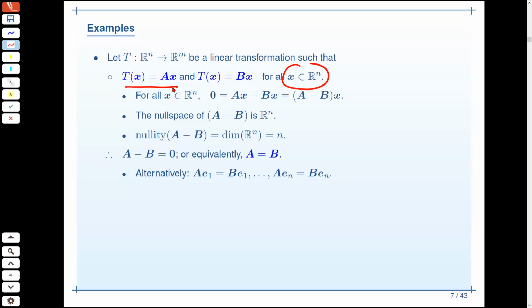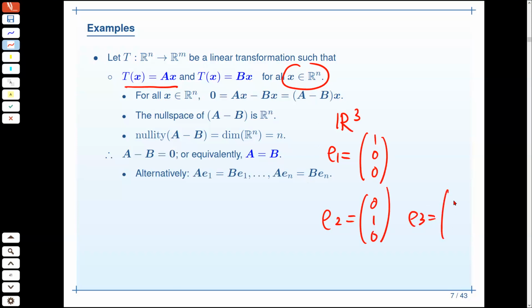So let's try to use some special x. The simplest vectors in Rn will be the standard basis, E1, E2, En. For example, in R3, remember, E1 is, everything in column, 1, 0, 0. E2 is 0, 1, 0, and E3 equals 0, 0, 1.